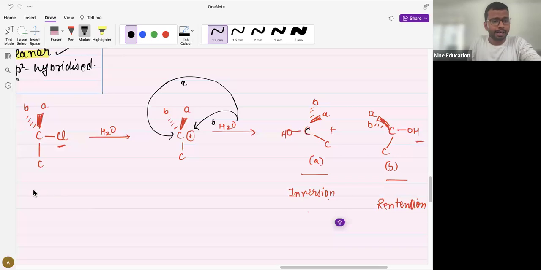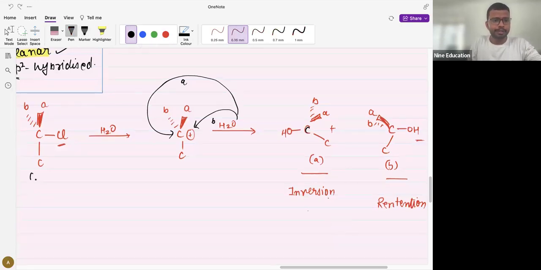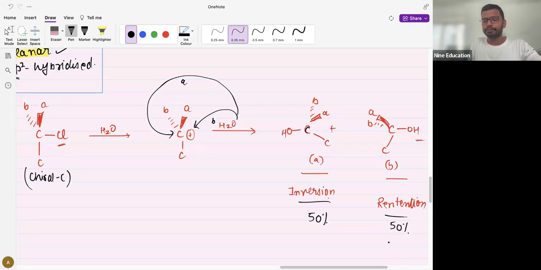Whenever we have a chiral carbon, if H2O is attacking, it can have two products, and possibility to attack on A and on B is 50-50%. तो 50% ये बनेगा और 50% ये बनेगा. 50% will be R inversion, मतलब let's say this is R, this will be S, and 50% will be retention, R to R.